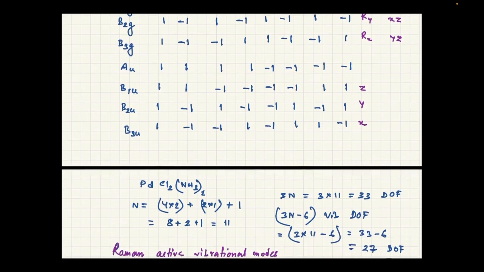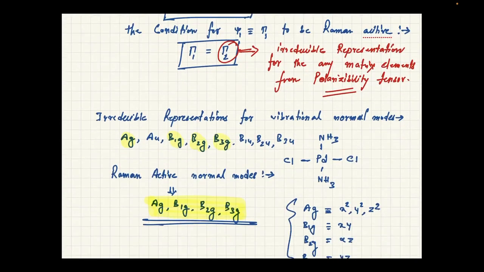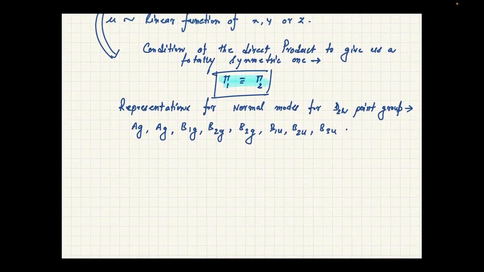Okay, that means for these B3U, B2U and B1U representations, the irreducible representation for the dipole moment function and the vibrational normal mode will be the same. So these three vibrational normal modes will be infrared active: B1U, B2U and B3U.